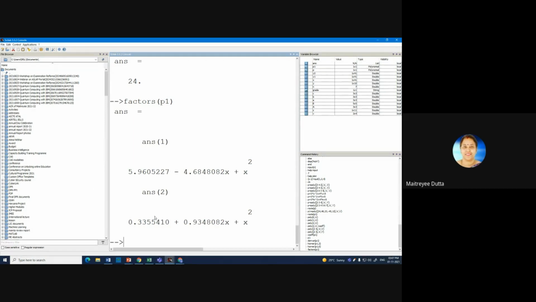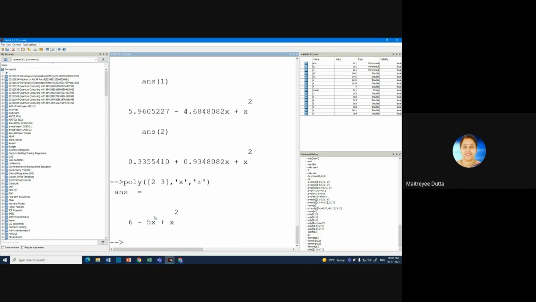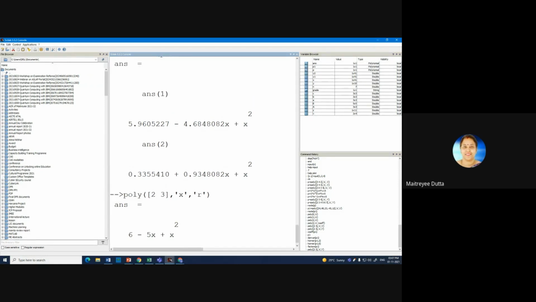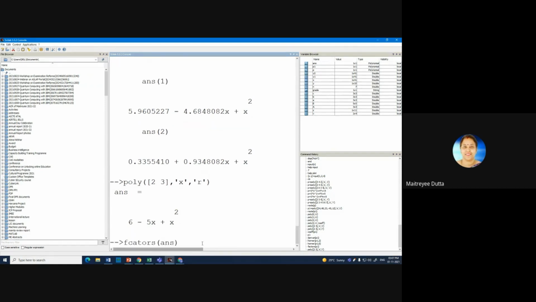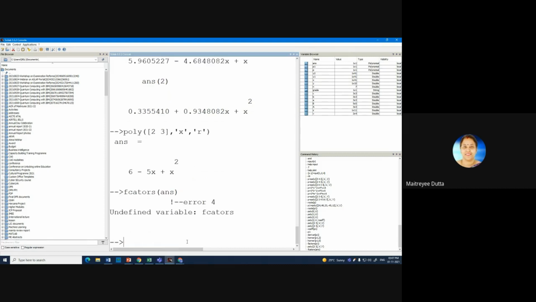If I say, for example, factors of ANS, because it is an answer, it is coming to the ANS variable. So if I give the factors of ANS, it is not taking.